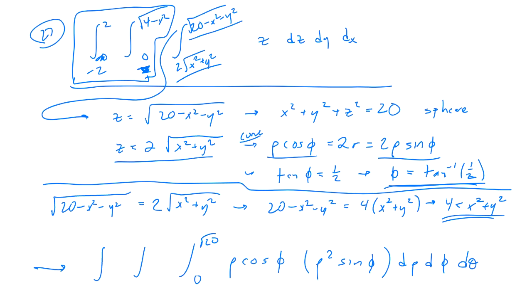One limit we get from the cone, which is one of the reasons I did this. And so the only question is the top or the bottom limit. Right, so 0 is the bottom, because phi is measuring from the positive z-axis, so we're measuring down from the top. And now, since it's just the upper half of the circle, theta goes from 0 to what?